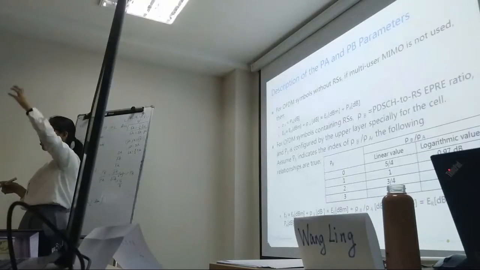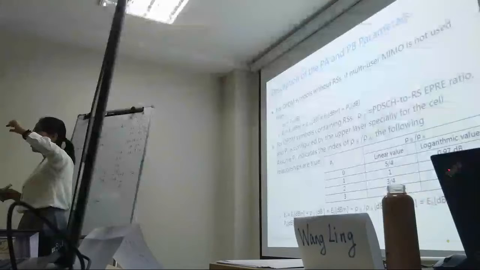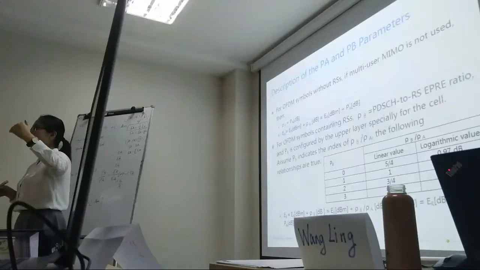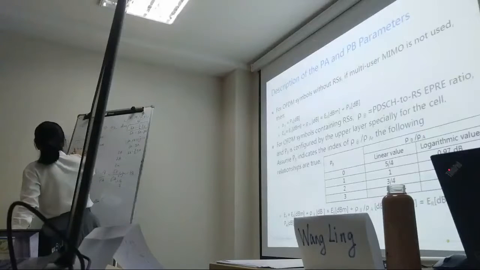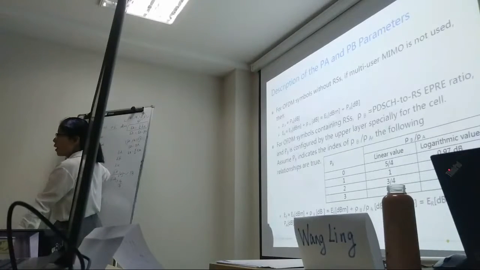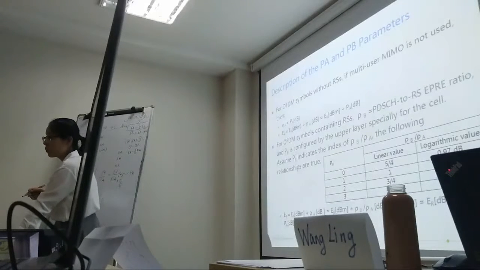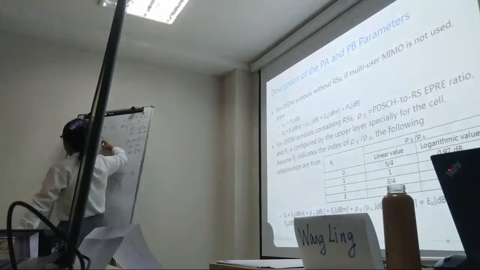So we need to assign the total symbol power to every RE, so it depends on the RE number. Who decides the RE number? Bandwidth. Right now, we define the bandwidth as 20 megahertz. So how many subcarriers? Yes, 1,200. So many subcarriers will share the power.